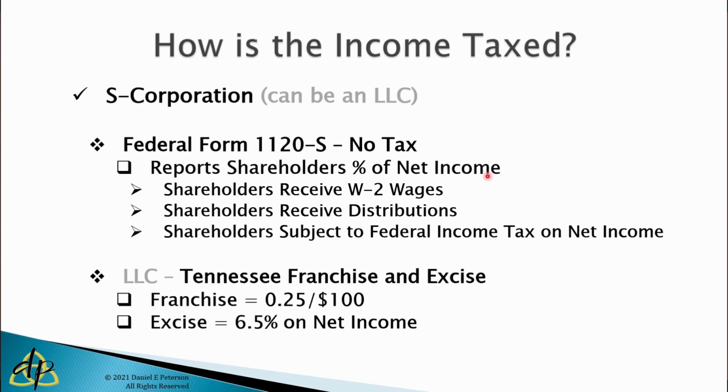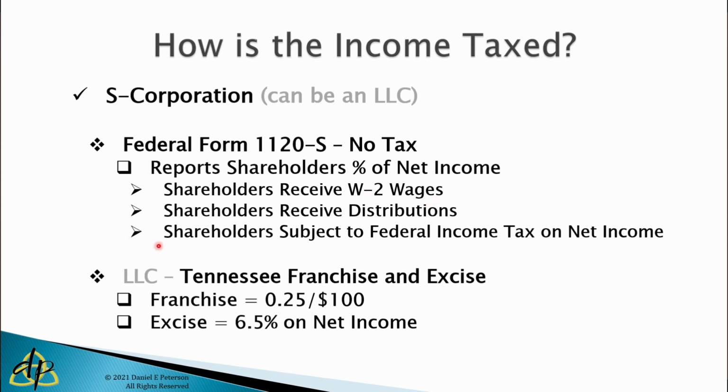S corporation shareholders should have W-2s for their wages and may also receive distributions of profit from the S corporation. So those S corporation shareholders will report their respective part of the net income on their individual tax return, as well as the W-2 wages on their individual tax return.